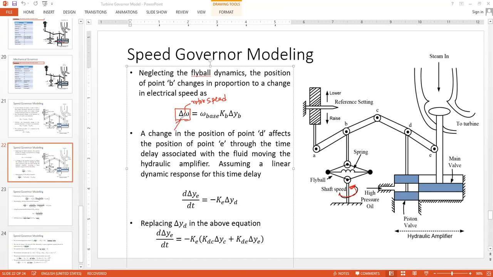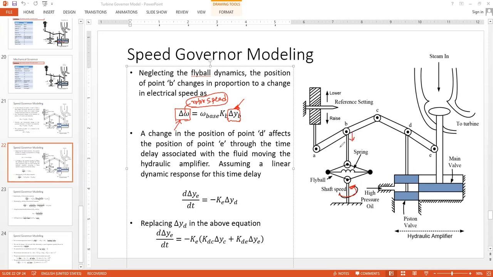And this is related to the change in position of point B. So they are proportional. That means point B will change as soon as any shaft speed deviation is detected. If shaft speed increases, point B goes down.